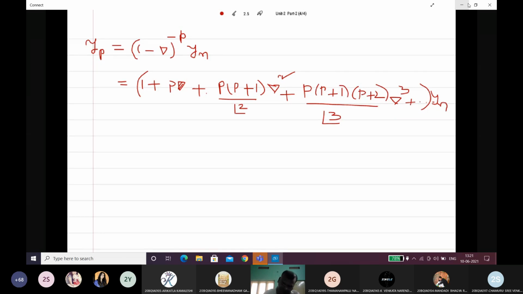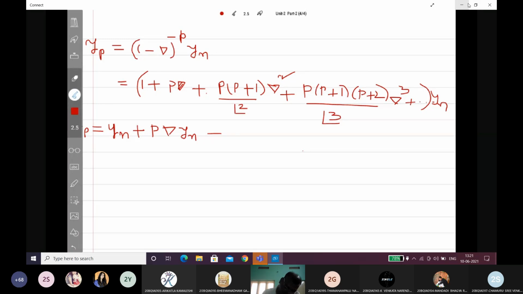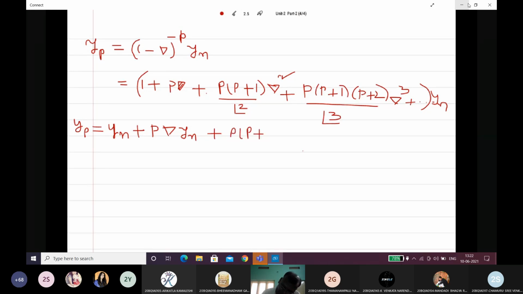Now take yn inside this function. That is, yp is equal to yn plus p into del yn plus p into p plus 1 by factorial 2 del square yn, and so on.